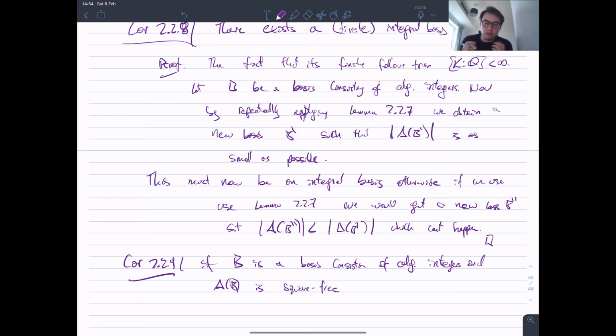Remember, square free means that if you factorize this, there is no prime that shows up more than once. So 12 is not square free because you have 2 showing up: it's 4 times 3, and the 4 is 2 squared. But if you had a basis consisting of algebraic integers and the discriminant was square free, then B is an integral basis.